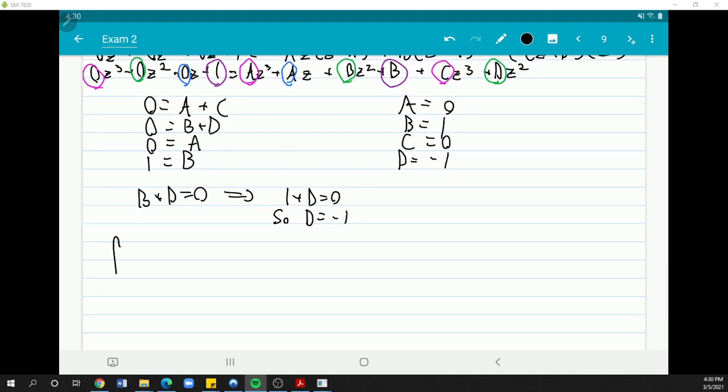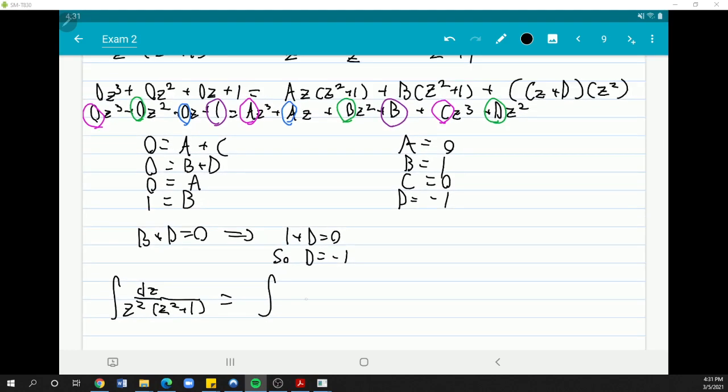And we get the integral of 1 over z squared times z squared plus 1 dz is equal to the integral of 1 over z squared, plus the integral of minus 1 over z squared plus 1 dz.